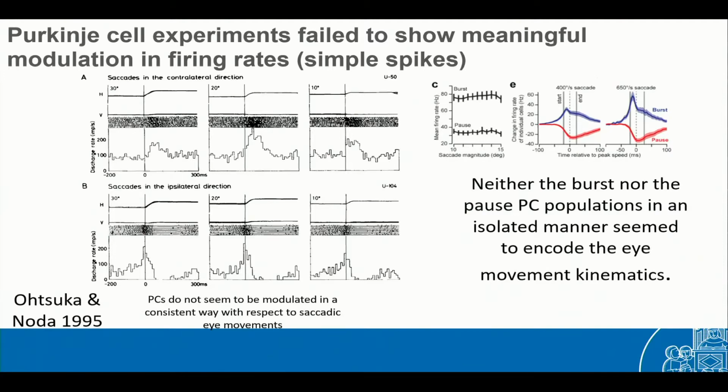But they were not able to find any correlation. What is interesting here is that in order to make this correlation, they sorted the output of the Purkinje cell based on the simple spikes that happened inside the Purkinje cell layer.